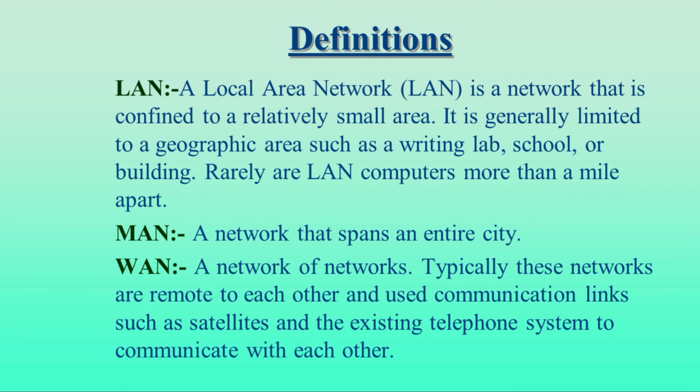MAN is a network that spans an entire city. And the third, WAN. WAN is a network of networks. Typically, these networks are remote to each other and use communication links such as satellites and the existing telephone system to communicate with each other.